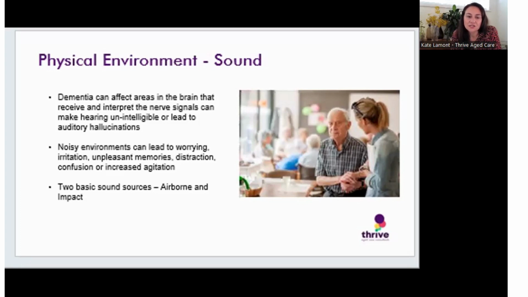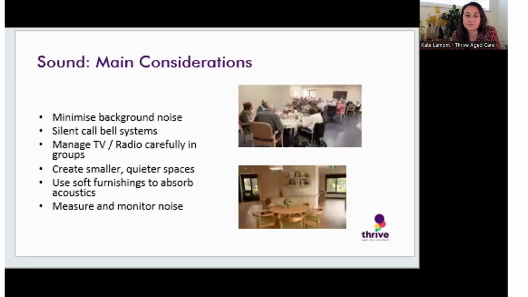So we do need to realise that auditory stimulation, so too much sound, can lead to frustration, aggression, and what we label as disruptive behaviour. And it could also cause the person to want to withdraw from that environment to escape the noise. So sound is really important to consider.